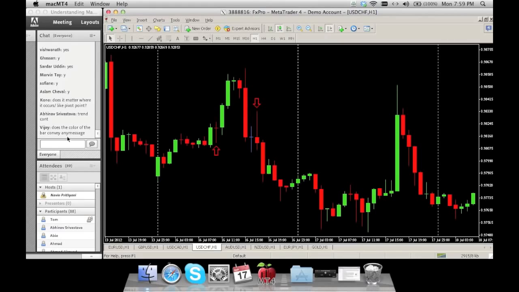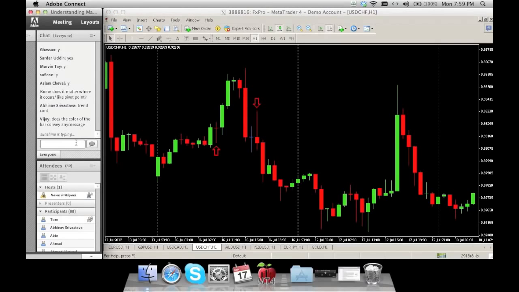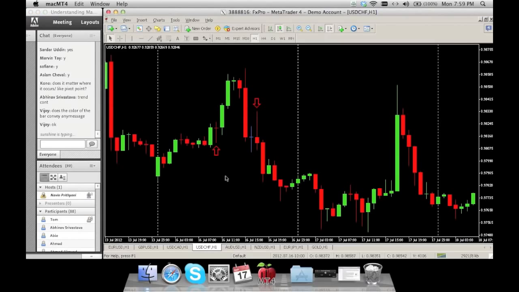Okay? Vijay, does the color of the bar convey any message? No. Do not worry about the color of the bar. In terms of exhaustion and trend continuations, don't worry about the color. So let's move on to some more examples.